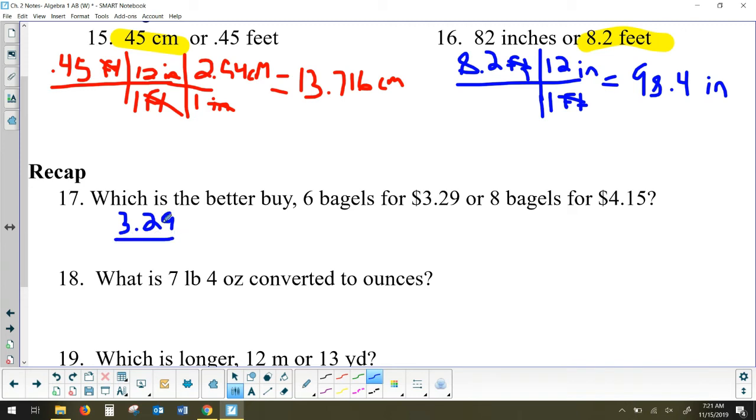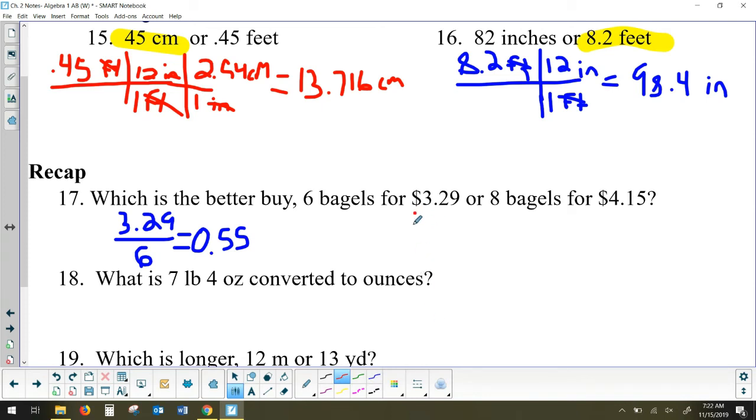We got 6 bagels. So how much did we pay per bagel? We paid 0.55. We paid 55 cents per bagel.